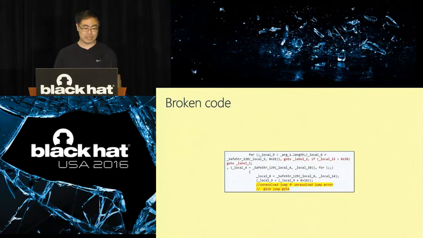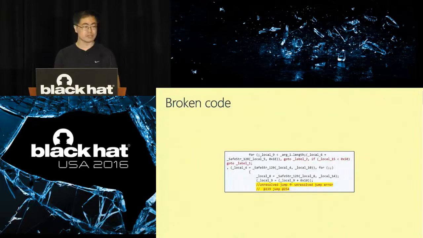One of the reasons is that they are doing a lot of obfuscation, and out of all those obfuscations, the most advanced one I found is the broken code shown here. If you open a recent Angler exploit, one of those, you will probably see these red lines, like a goto statement or an unresolved jump statement.